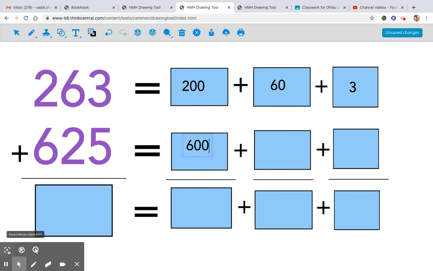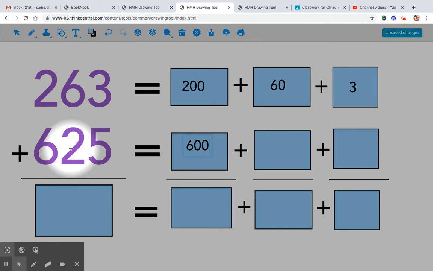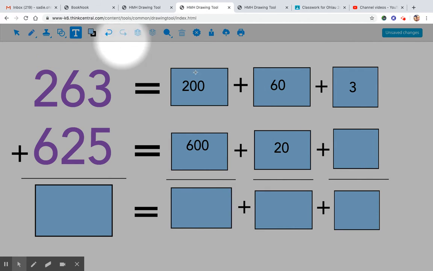Moving on to the tens place, we've got a 2 in the tens place. That means we have 2 tens, 20. And we have 5 ones, which is 5. So I have 600 plus 20 plus 5 equals 625.